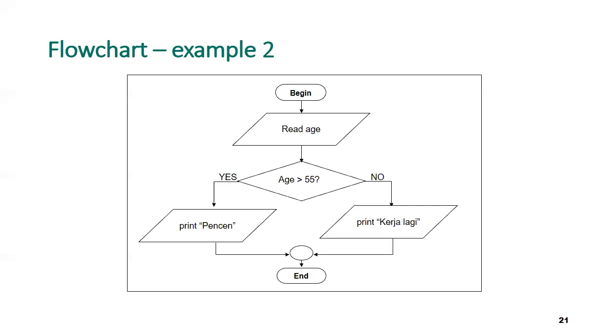If the person is eligible for a pension on their 55th birthday, I would change this to greater than or equal to. But if they have to wait until they're 56, then I would leave it as it is, because this person would get a pension when they're 56. They don't get it when they're 55, because 55 is not bigger than 55. If you're 55 and you test yourself, are you more than 55? No, I'm 55. You get the idea? There's quite a big difference between greater than and greater than or equal to.